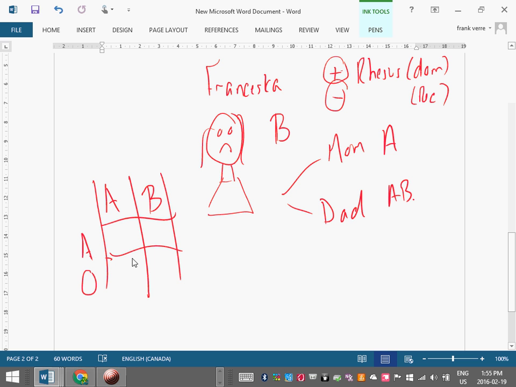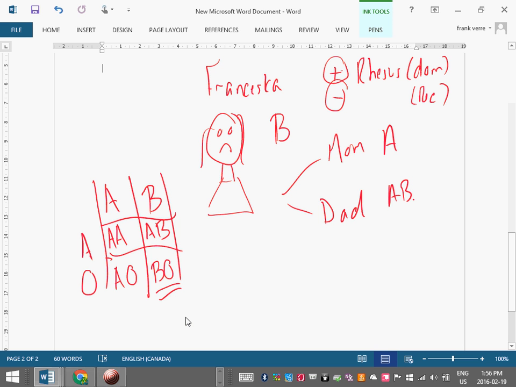She has the O. Well, think about it. This gives you A. This gives you AB. Now, because your mom also has the O allele, you could be blood type A, or you could have BO.